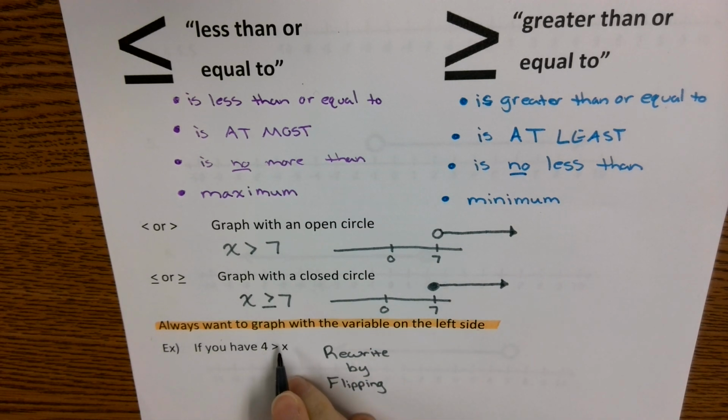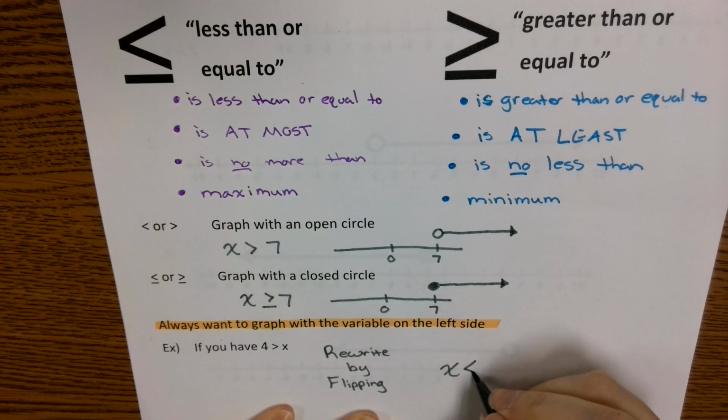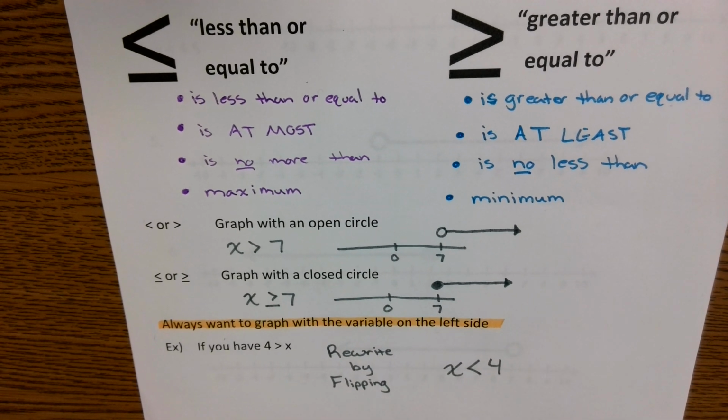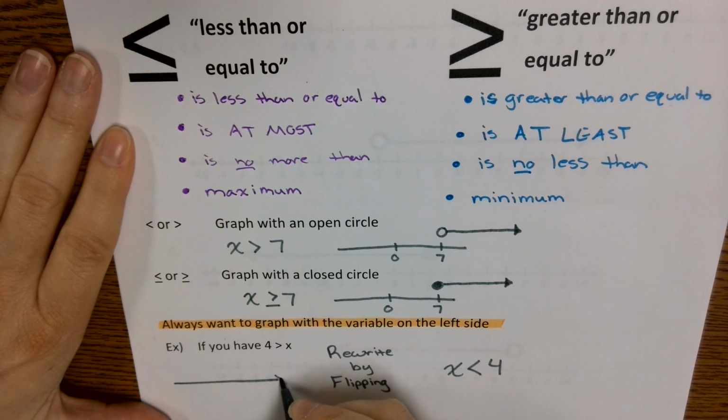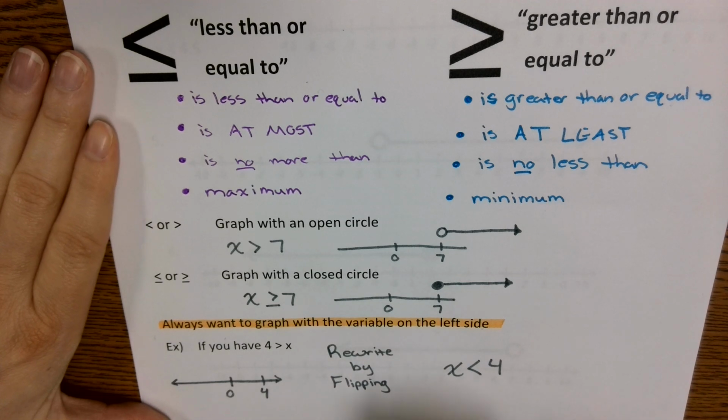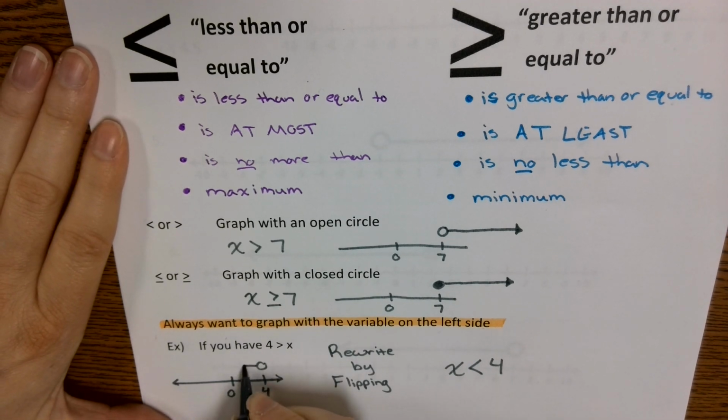So instead of 4 is greater than x, you would say x is less than 4. X is less than 4 if 4 is going to be greater than x. Okay, that means that this graph, if we've got 0 here and 4 is located here, it would be an open circle at the 4, and we would be graphing it to the left.